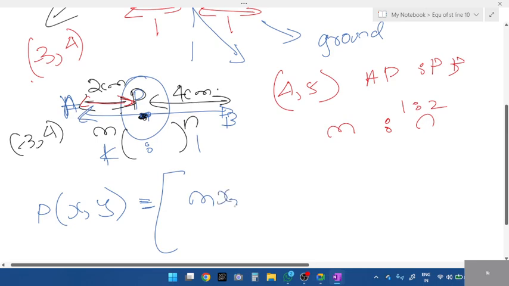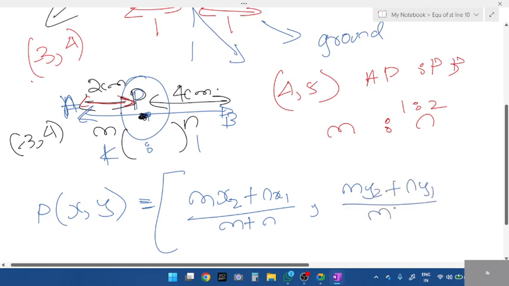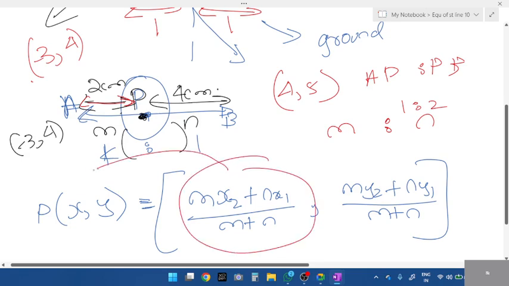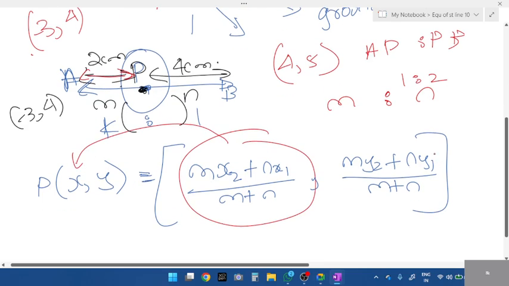M x2 plus N x1 divided by M plus N, comma, next one, M y2 plus N y1 divided by M plus N. So when you solve this, the left hand side will give you the answer for the x-axis, the position of the church on the map, the x-axis value. If you solve the right hand side, this will give you the y-axis.